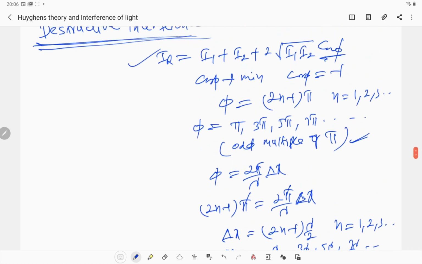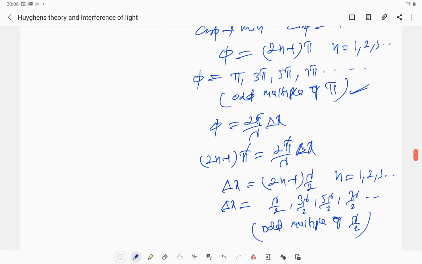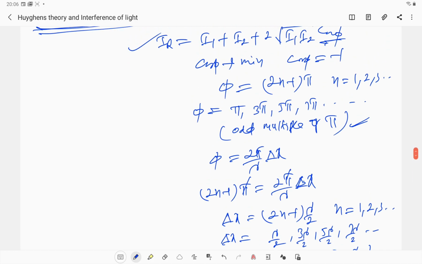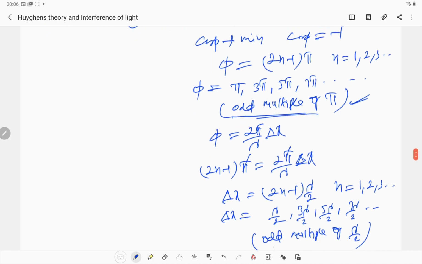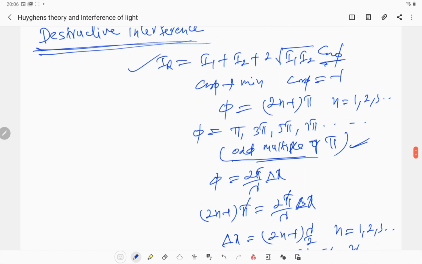See here, for constructive interference, the phase difference is an even multiple of pi and the path difference is an even multiple of lambda by 2. But for destructive interference, the phase difference is an odd multiple of pi and the path difference is an odd multiple of lambda by 2. In this case, intensity is minimum, that is nothing but destructive interference.